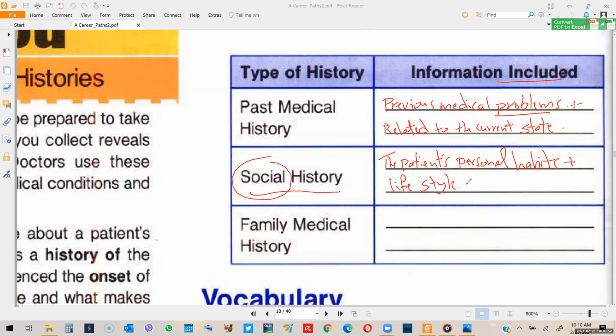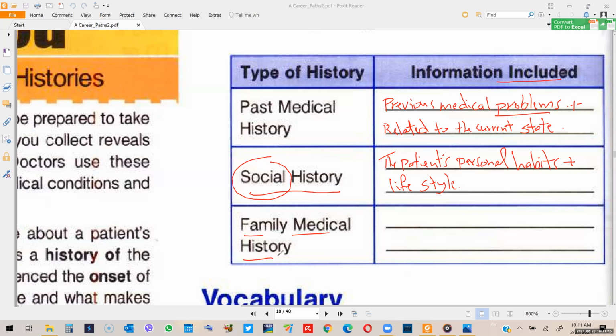Finally, we have family medical history. If you are talking about heart diseases, chronic diseases, diabetes or other diseases, you have to check about the family.